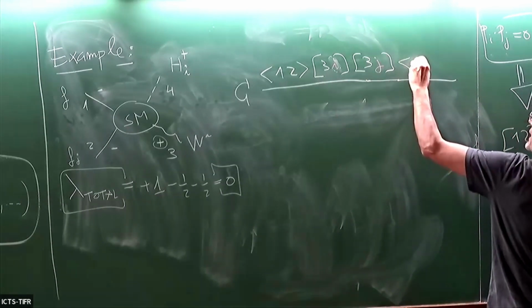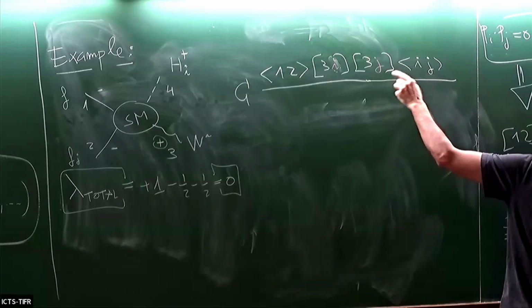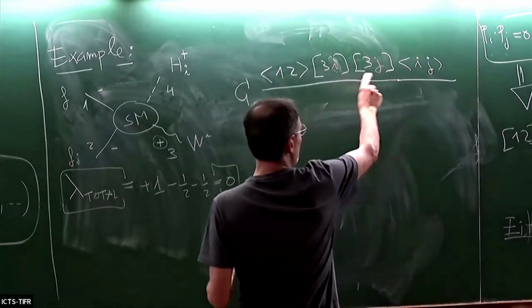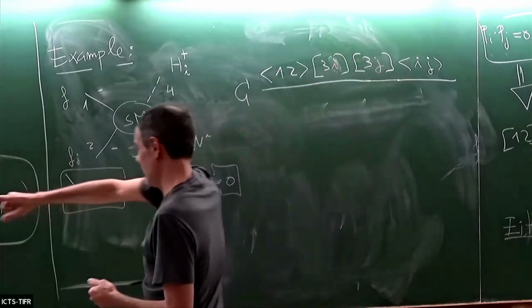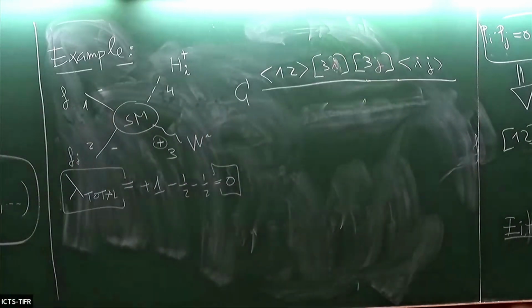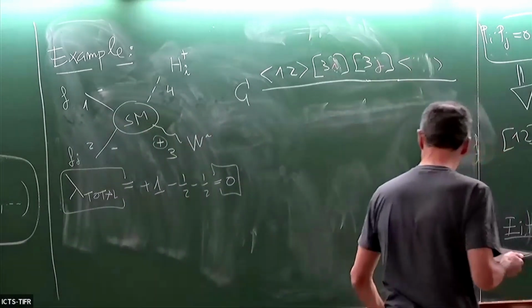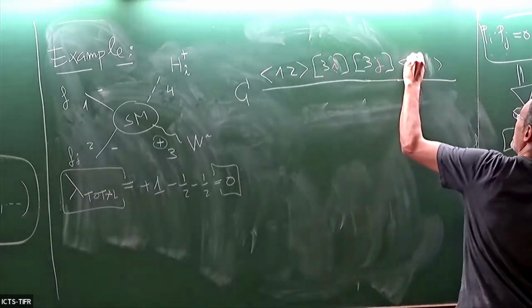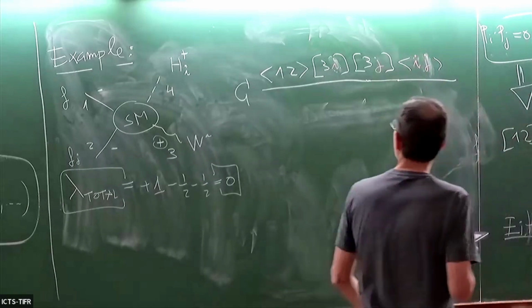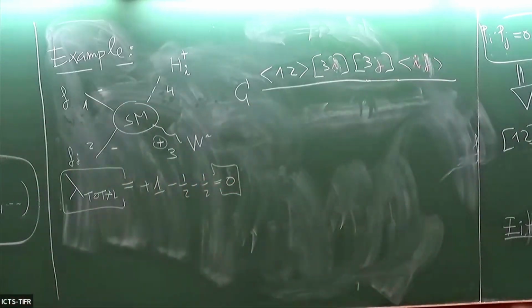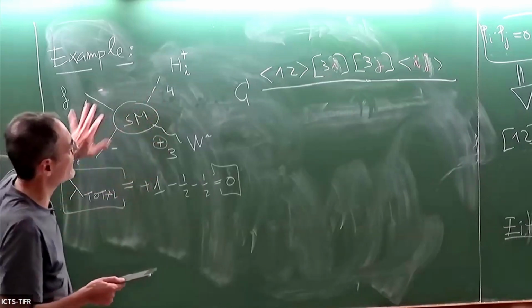So wherever I put I and J, they have the same number of squares and angles, so there will not be any phase associated to them. Sorry, let me put it in red. Okay, this is the numerator fulfilling the properties of the little group and the helicities of the particles here.